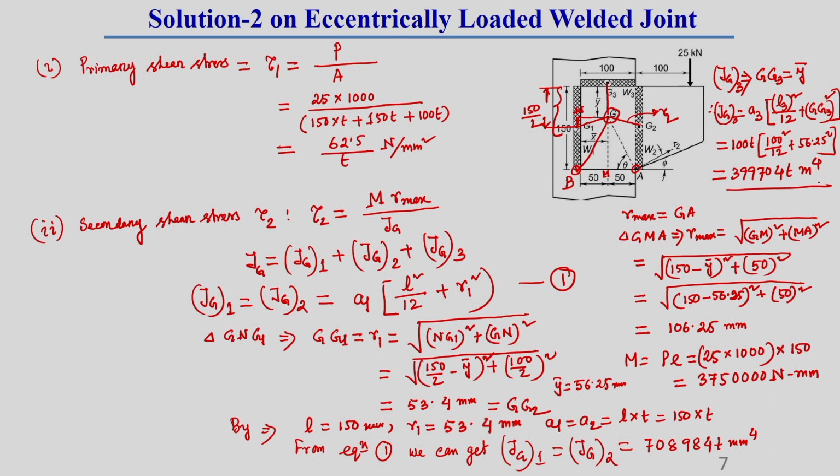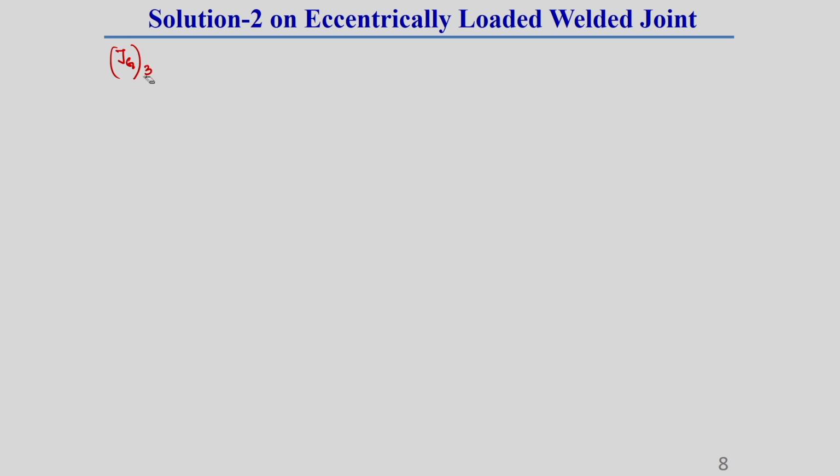So, JG3 is known to us, JG1 and JG2 also known to us. Now we can easily find out the resultant or total polar moment of inertia, that is JG1 plus JG2 plus JG3.